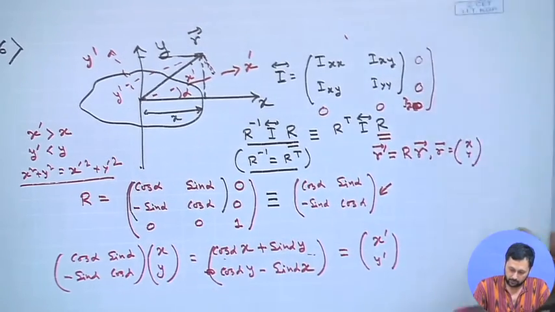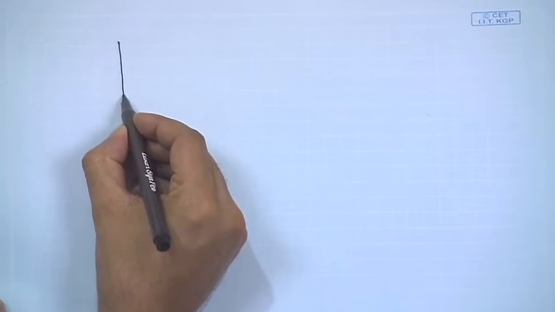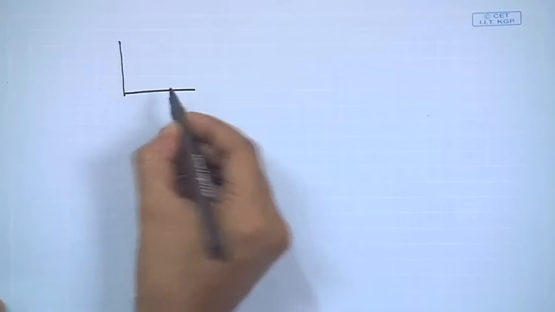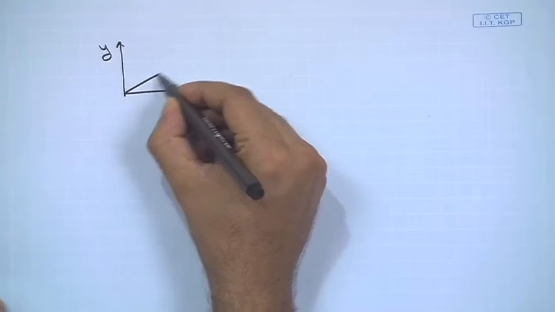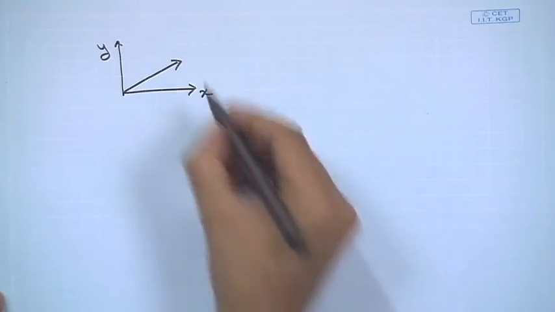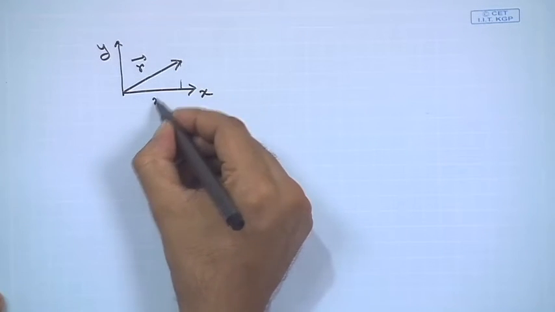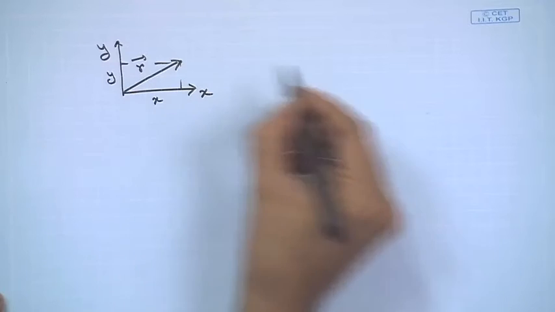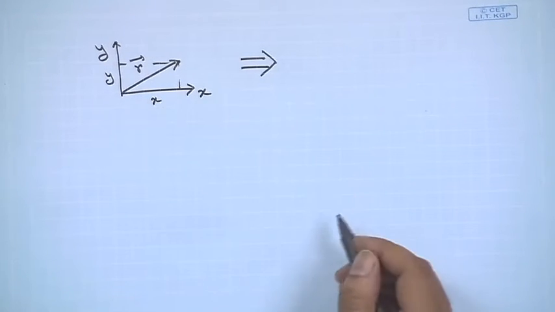Now, this is a side talk, but I would also like to discuss a situation. Let us assume that we start with this xy system with this coordinate vector or some position vector r, which has x and y projection. Now we can have two types of rotation.